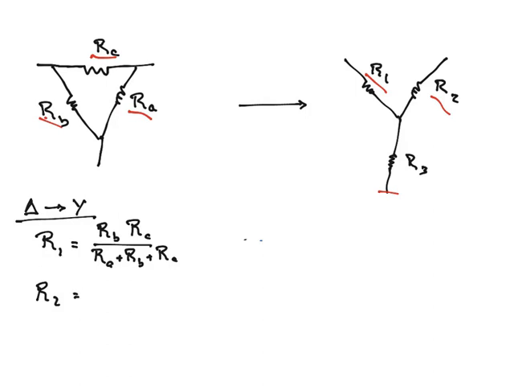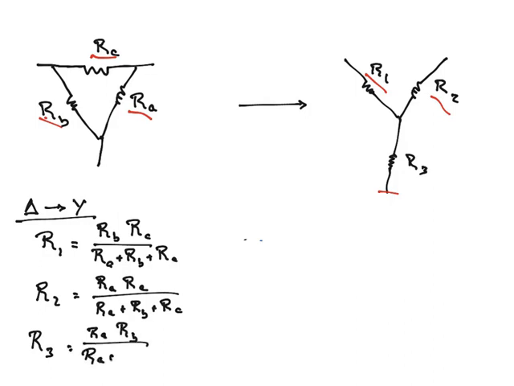It's associated with B, so I need the product of the other two resistors, not B. That's RA times RC divided by the sum, RA plus RB plus RC. And finally R3, it's easy to see. 3 is associated with C, so that's the product of the other two, RA and RB, divided by the sum, A plus B plus C.